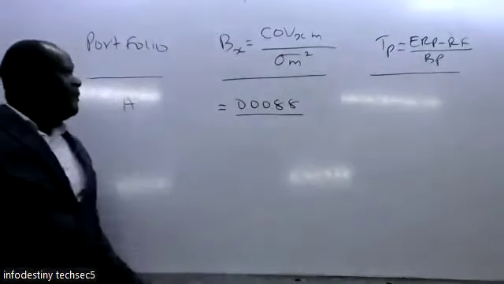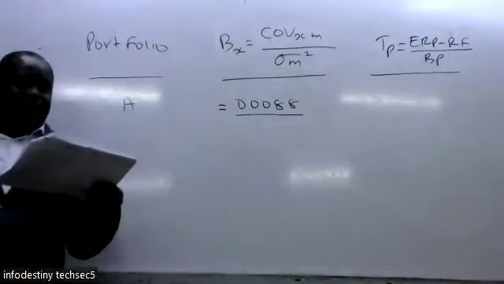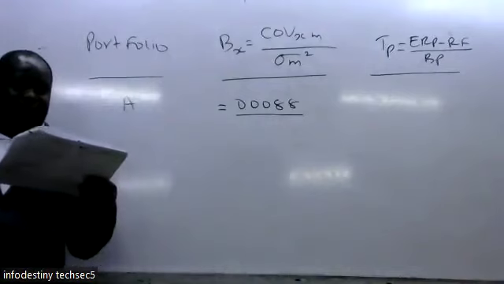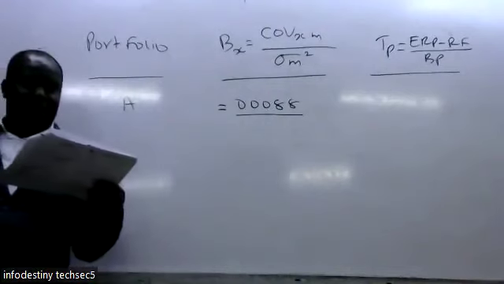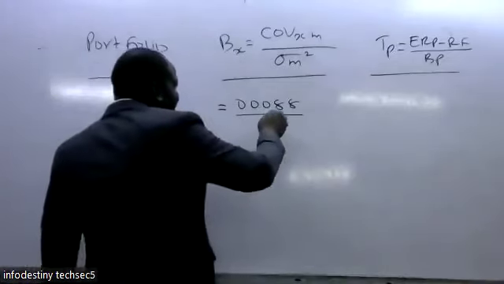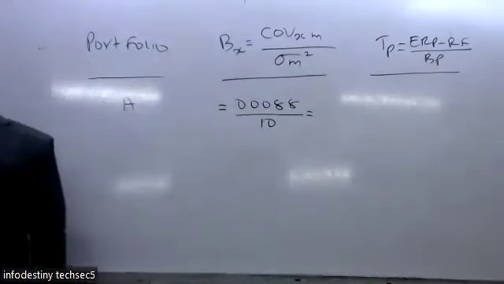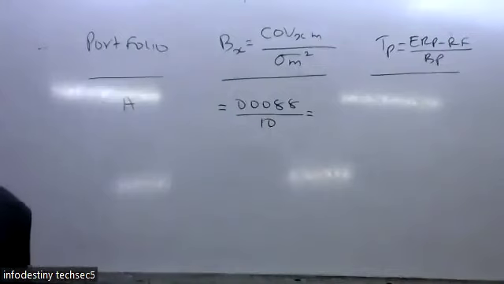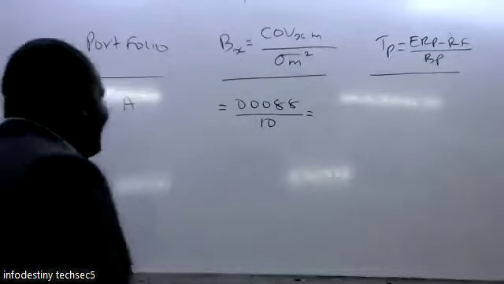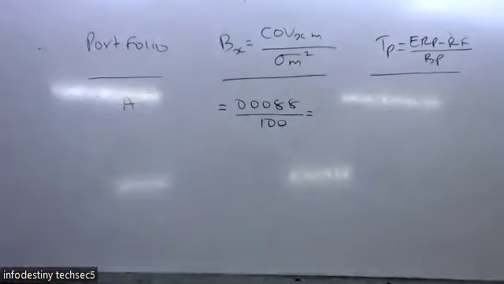So the variance for the market. The standard deviation of the market is given as 10. Squared, we get 100, so it is the variance for the market.